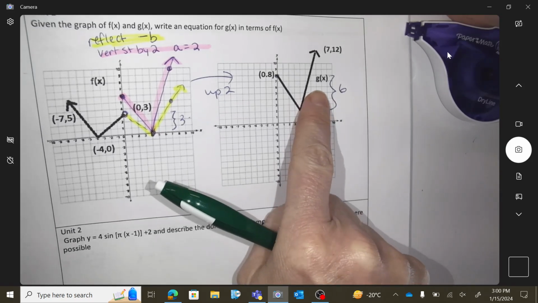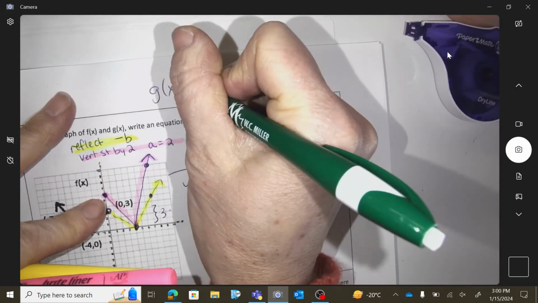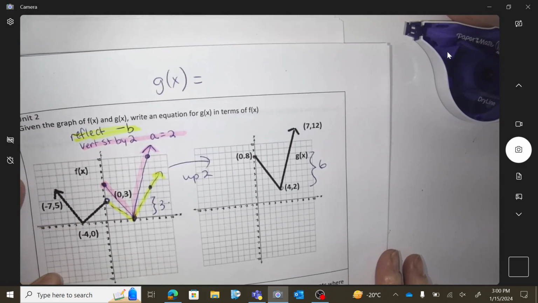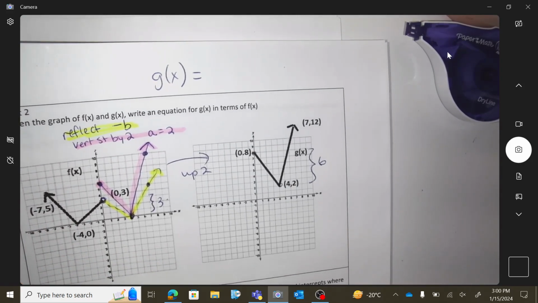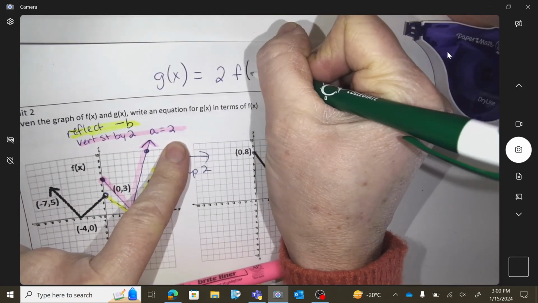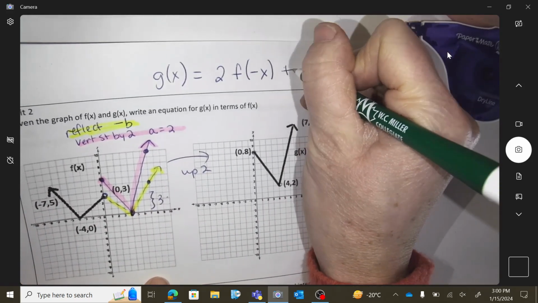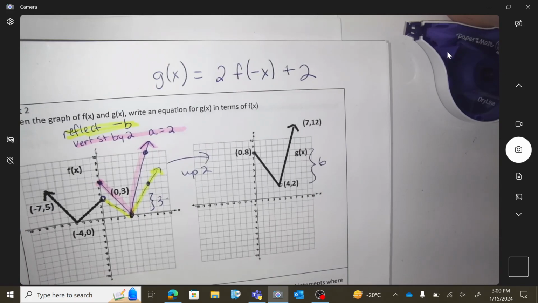Okay, so the final graph was called g of x. So g of x is f of x with all the stuff we did. So fill in: we did a 2 multiplier, a negative b, and an up 2. Those are all the things you told me you did to f to get to g.